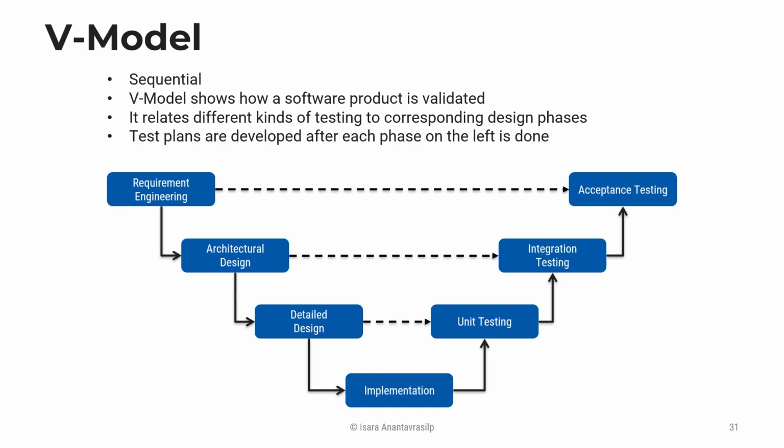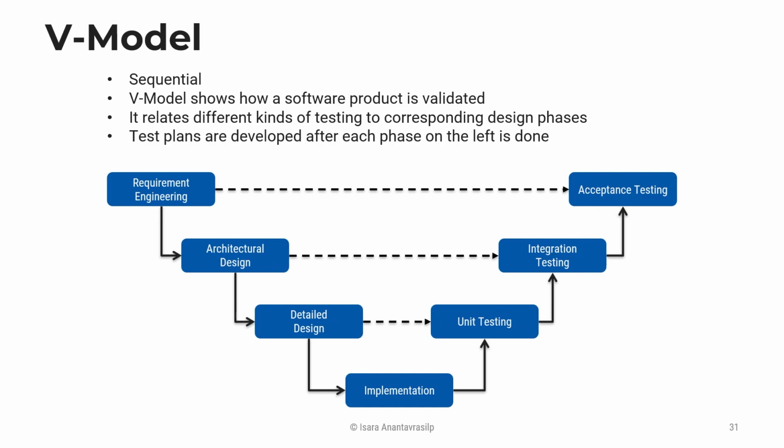The V model is a software development model that emphasizes a structured and sequential approach to the software development lifecycle. It is called the V model because of the V shape here that explains the relationship between each phase and the corresponding testing phase right here.